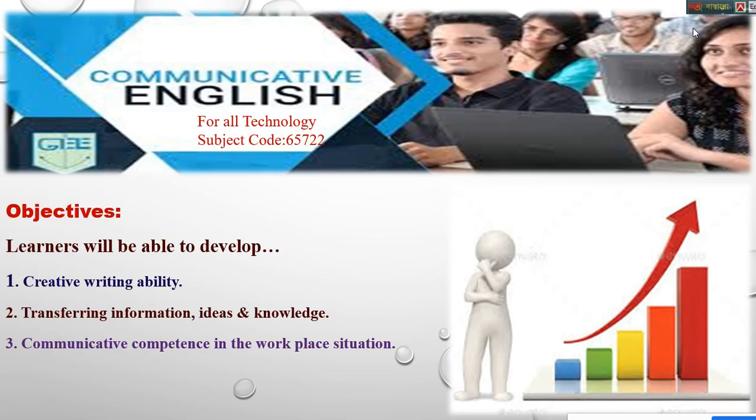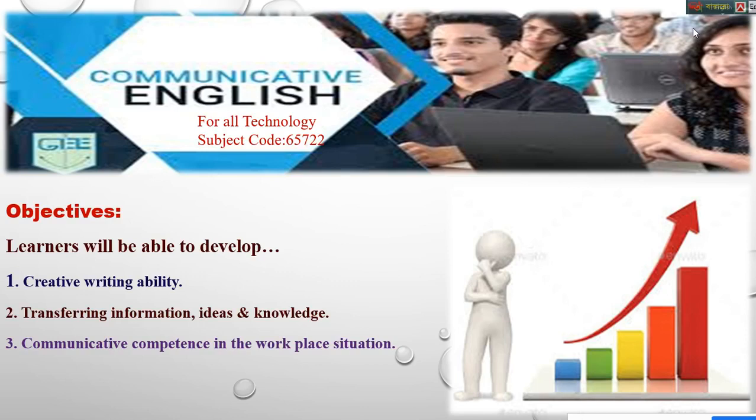All right, you are watching the first slide, and you see that it is Communicative English for all technology for the students of second semester, and the subject code is 65722. First, you see the objectives.